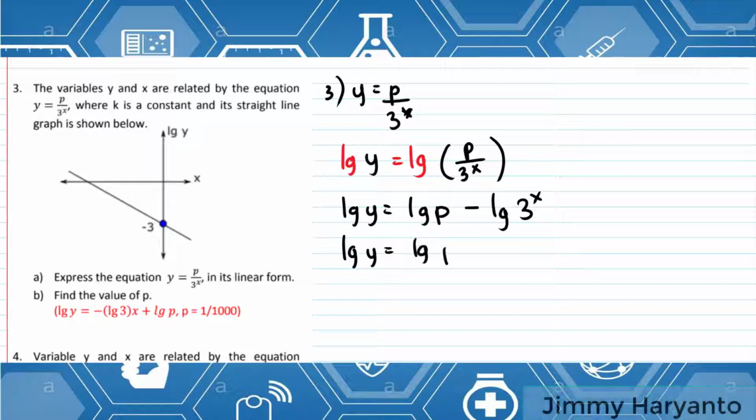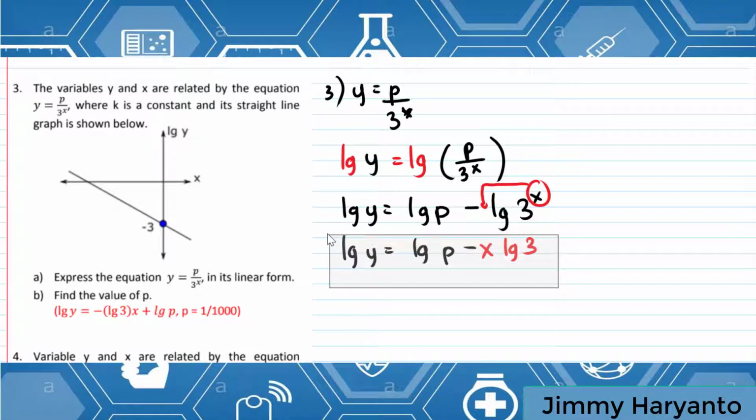Divisions will become negative if we separate the logarithm. LGY equals LGP minus, I can move the X in front of LG, X times LG3. Yeah, this is already similar with y equals mx plus c, but the order is very random, so I have to rearrange them.